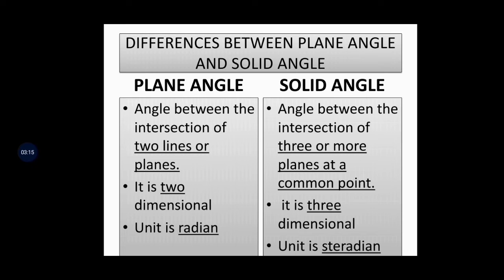Hence the unit of plane angle is radian and it is denoted by small rad. In solid angle, the unit is steradian. It is denoted by sr.